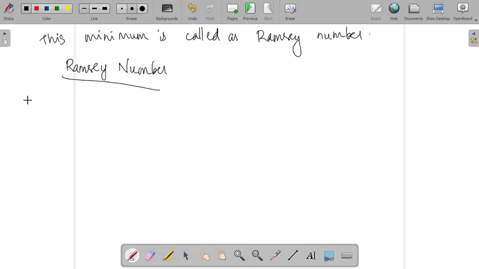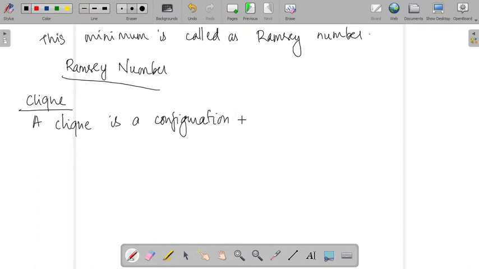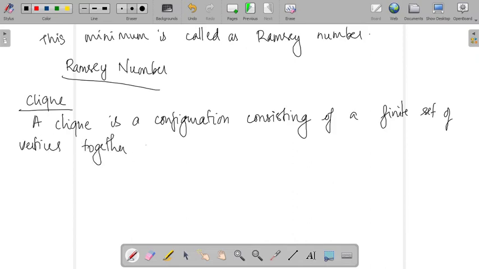Okay. So let us first define what is called a clique. So a clique is a configuration, that is a graph, consisting of a finite set of vertices together with edges joining all pairs of vertices.